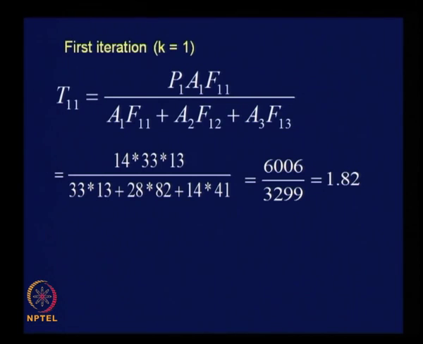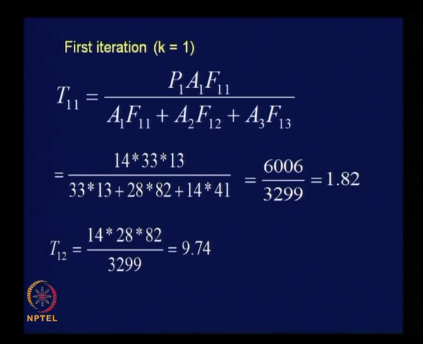It is a fraction. We will keep the fraction as it is at this stage, and finally we have to round it off to the nearest whole number, because Tij is nothing but the number of trips distributed between traffic zones. It cannot be a fraction. Since we are in the middle of the analysis, we need not worry about rounding at this stage.